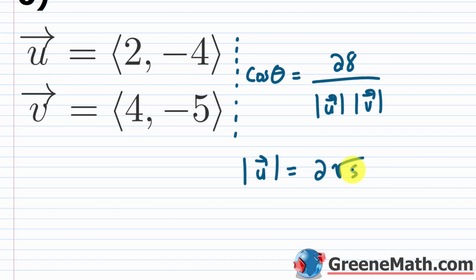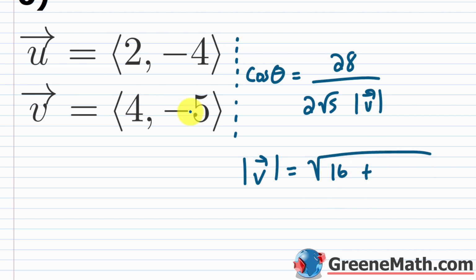And then for the magnitude of the vector v now, this is the square root of, again, you take 4 and square it, that's 16, and then plus -5 squared, that's going to be 25. So 16 plus 25, that's going to be 41. So this right here would be the square root of 41.